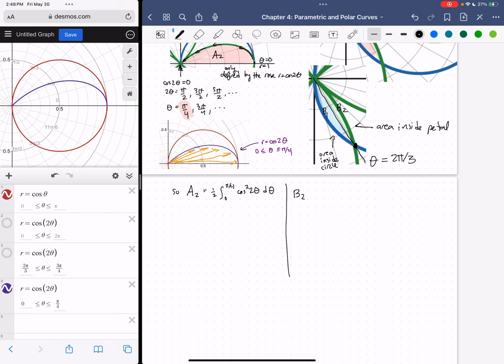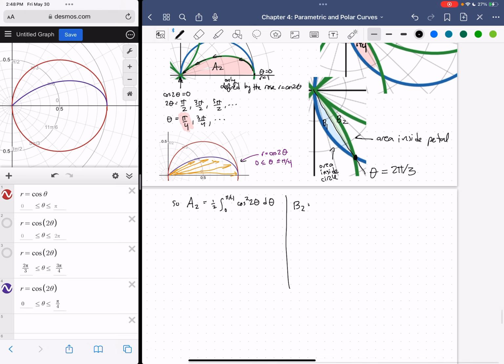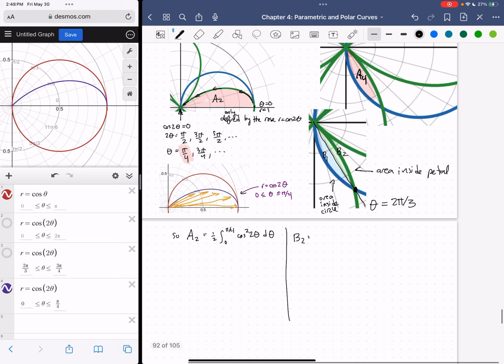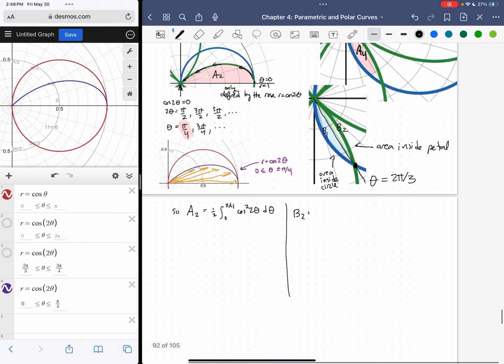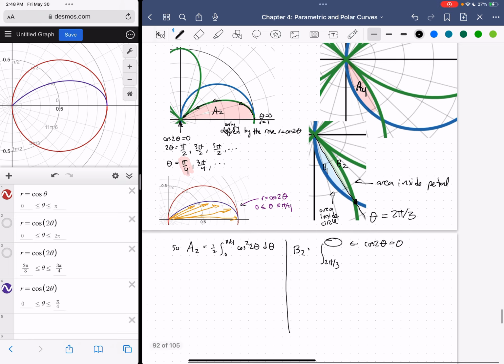Okay, so B2, we need to know the bounds. So it starts at 2 pi over 3. When does it end? It ends when cos of 2 theta is equal to 0. And we saw that the second angle where we get that is theta equal to 3 pi over 4.